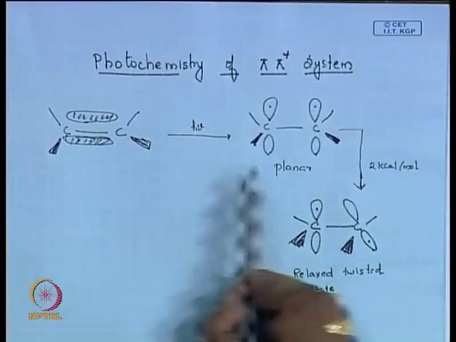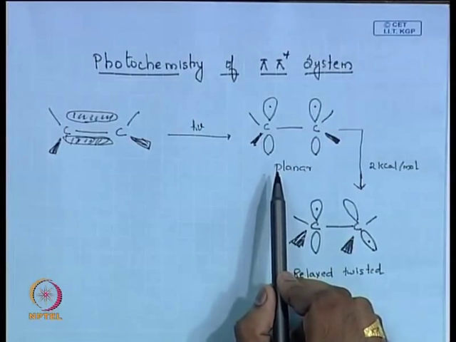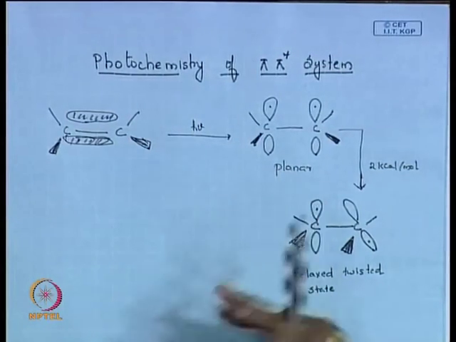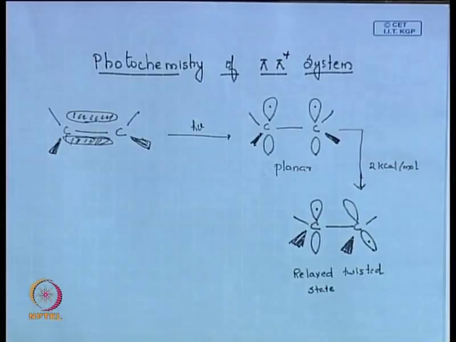Once it gets excited, it will be planar, but immediately it undergoes a twist, a 90° type of rotation, to give you a relaxed twisted state, and that is 2 kilocalories per mole, that energy requirement. So, you have to remember this first before we get into any excited state chemistry.